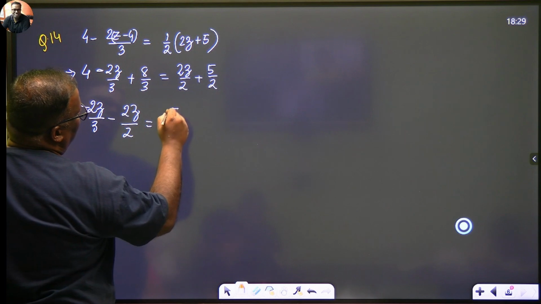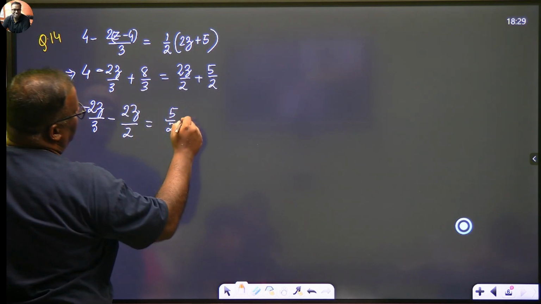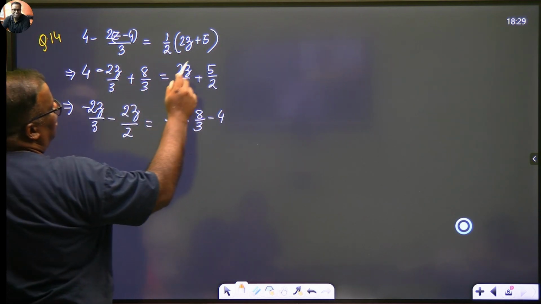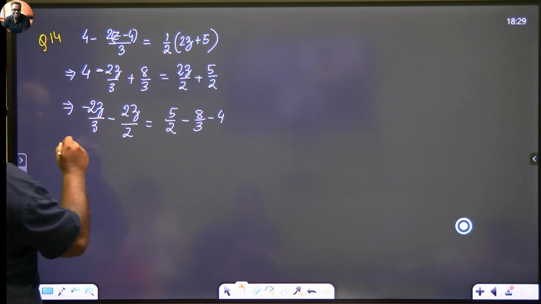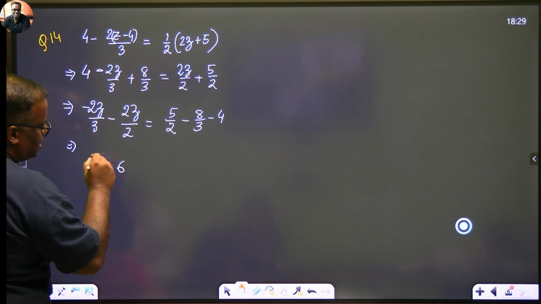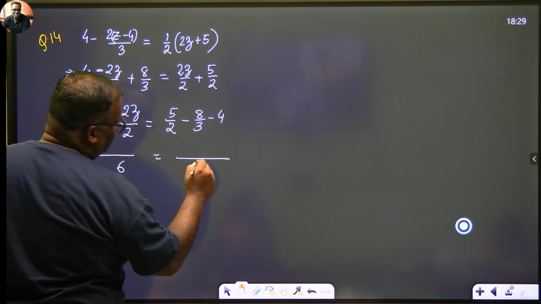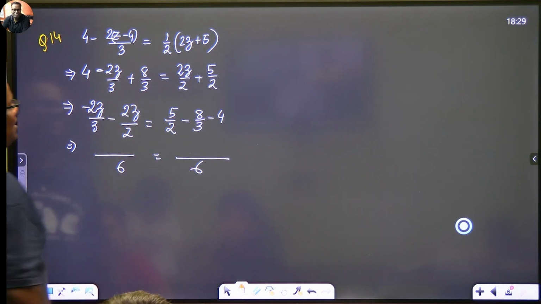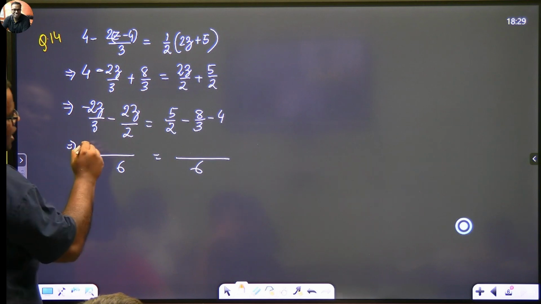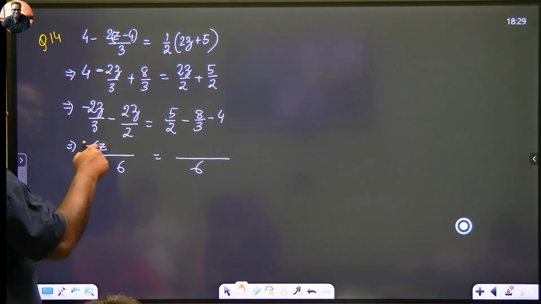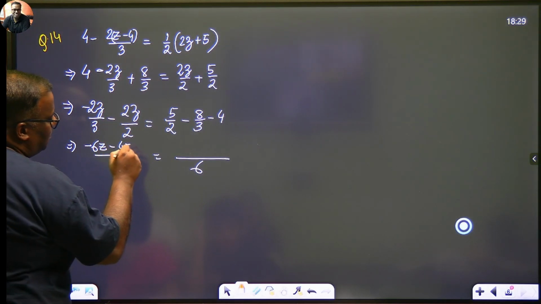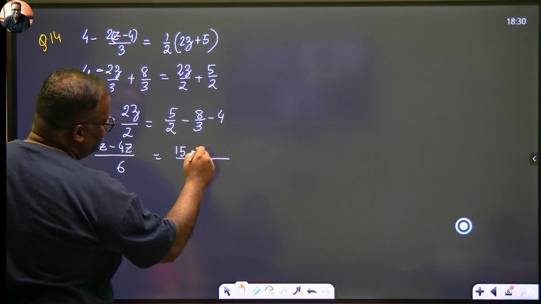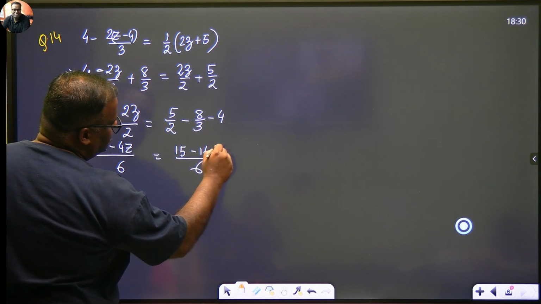And then we have a 5/2 on this side, and then -8/3 -4. 1 2 3 4 5 5 4 3 2 1. ठीक है. 3 और 2 का LCM है 6 और यहाँ भी 3 और 2 का आंसर 2 मतलब 3 से जाएगा -6z, agreed? 3 means 2 minus 4z, 2 मतलब 3, 15, 3 मतलब 2 means 16 minus 24.